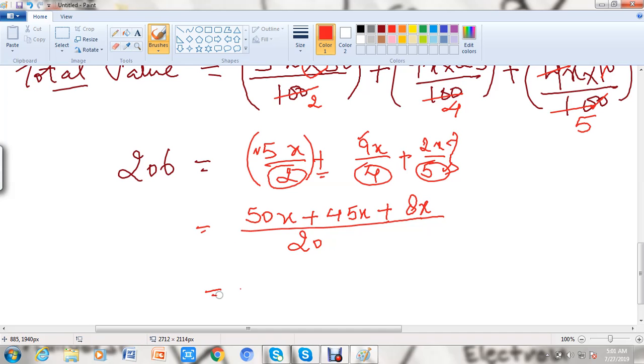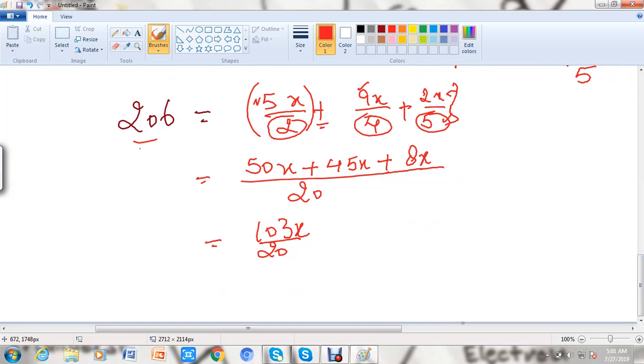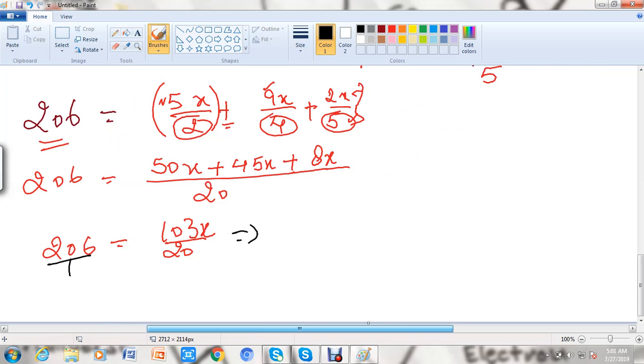After that, to simplify further this, we have to cross multiply. While doing this cross multiply, this implies that 206 multiply by 20 divide by 103 is equals to the value which we want to calculate. 103, 206 is 2 times, so the x value is 40.